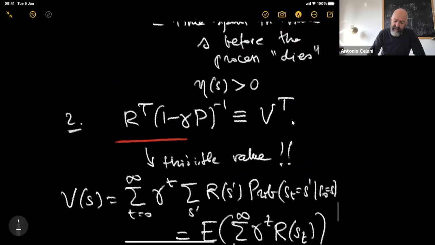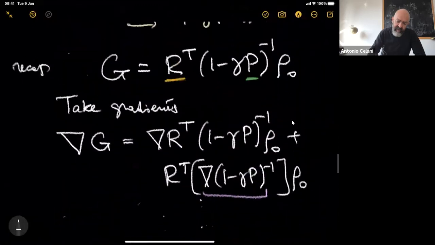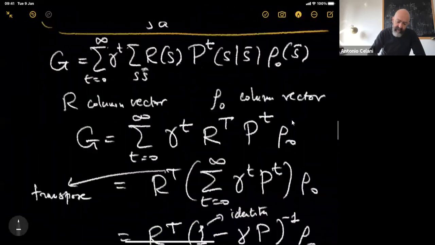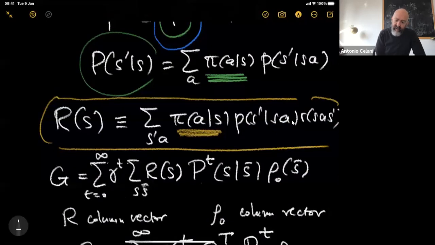And you remember that by definition capital R of S_t is defined somewhere up here, this object here, which is also the expected value of R of S_t, A_t, S_{t+1} conditioned on S_t equals S.